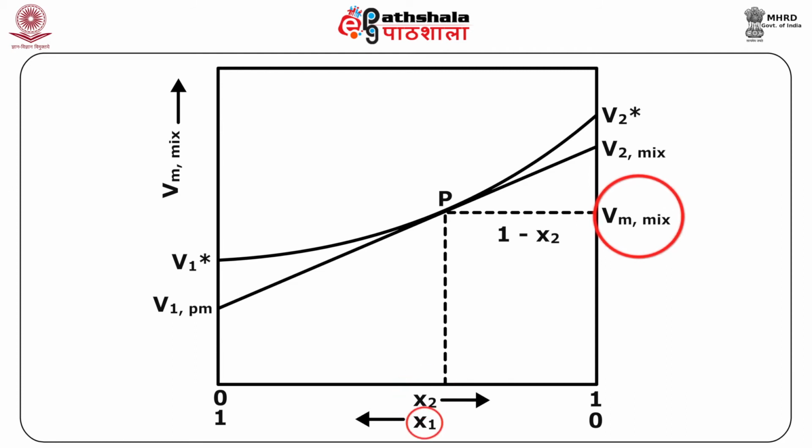Similarly, the plot is drawn between Vm mix and Chi1, in which the intercept becomes V2 Pm and the slope is dVm mix by d Chi1. Both the equations represent a single plot because Chi1 plus Chi2 is equal to 1. This plot is shown in the figure given. The figure depicts the method of intercepts to determine the partial molar volume of components of a binary solution.